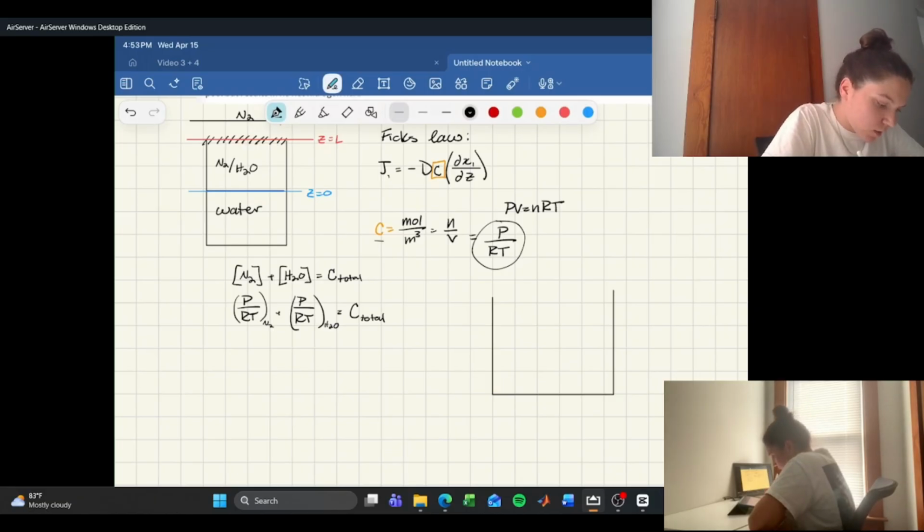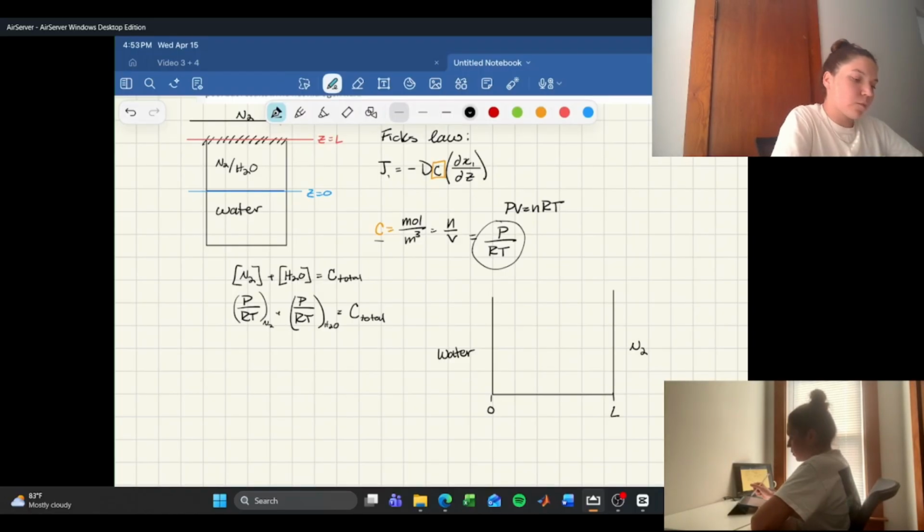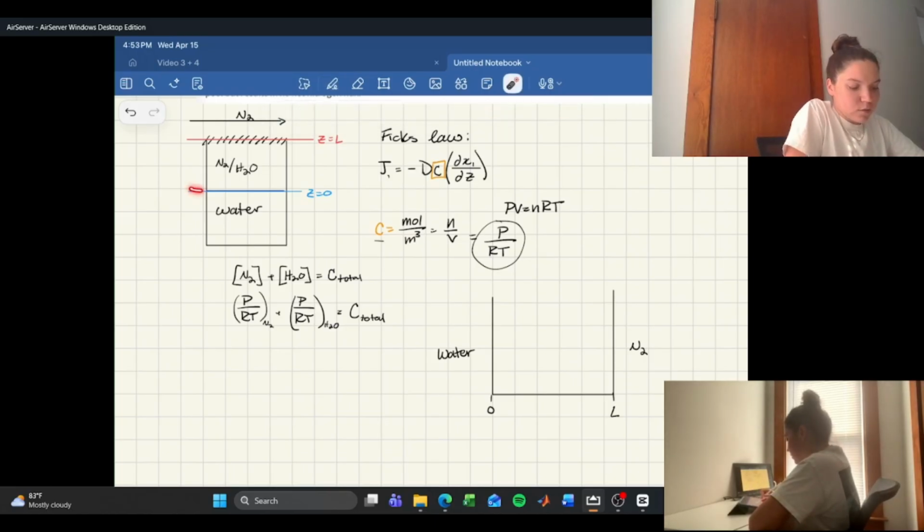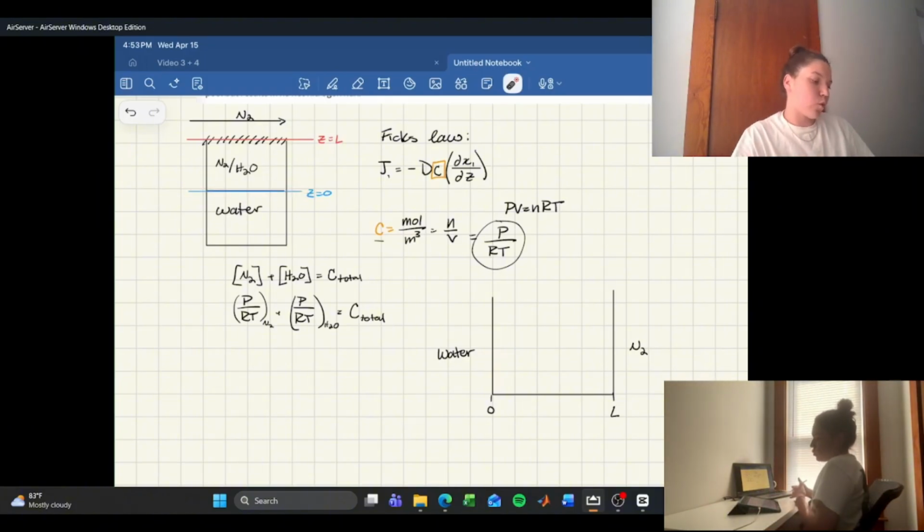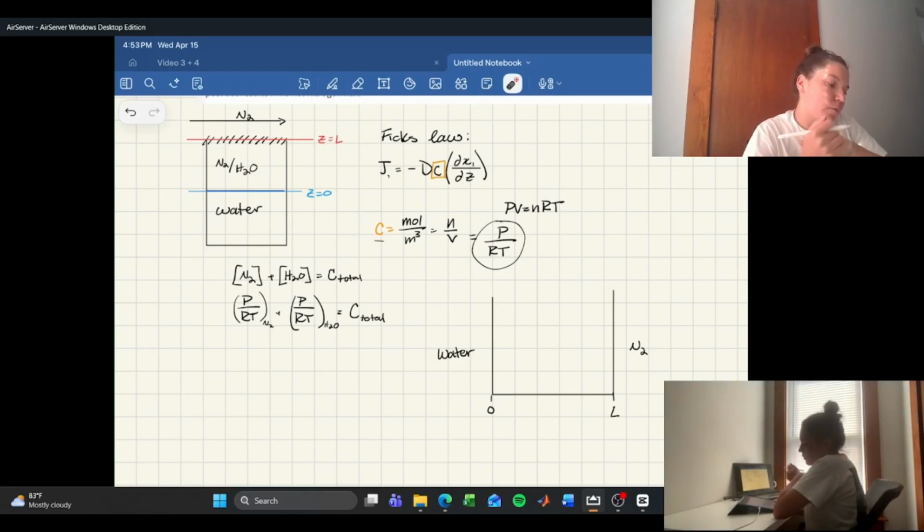So on this end, this is going to be from 0 to L. And then this is water, and this is going to be the nitrogen on this side. So right here at Z is equal to 0, this is at the water and vapor interface.